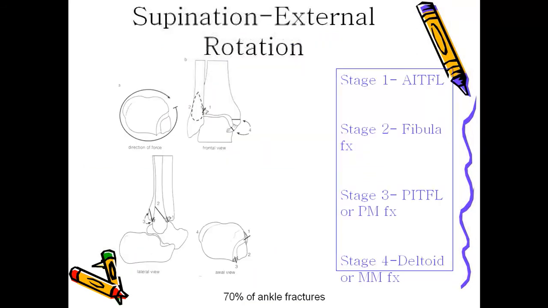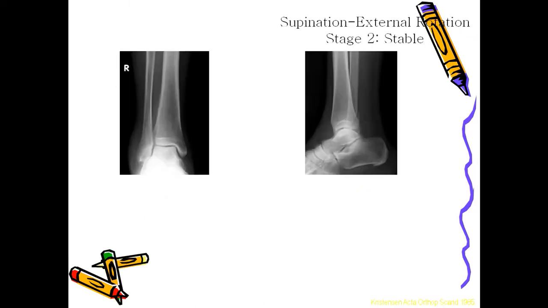If you see supination external rotation, this is a supination external rotation injury in which the deltoid ligament will be ruptured and the fibula fracture happens. Anterior tibial ligament will be ruptured, and posterior tibial ligament will be ruptured. This is the supination external rotation injury.